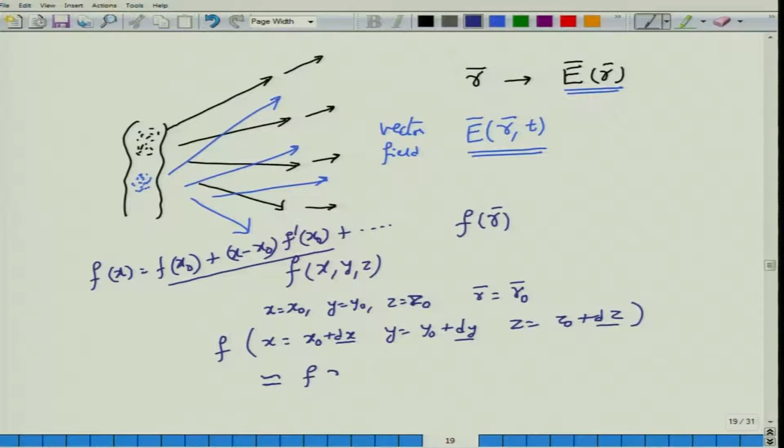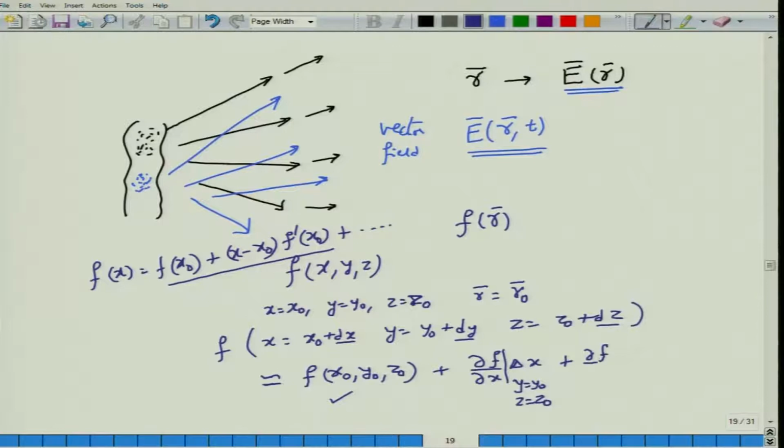This is given by f of x0, y0 and z0, which I already know because that is the value I have measured, plus the partial derivative of f with respect to x multiplied by the change delta x itself. When you evaluate this partial derivative, you assume y is y naught and z is z naught.